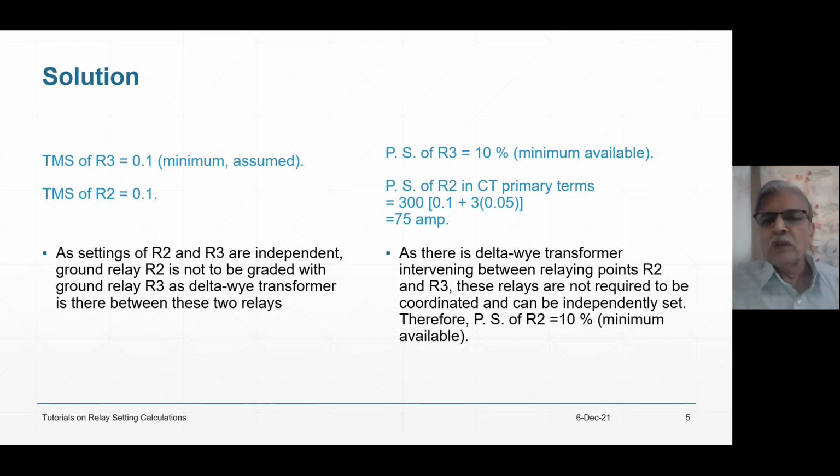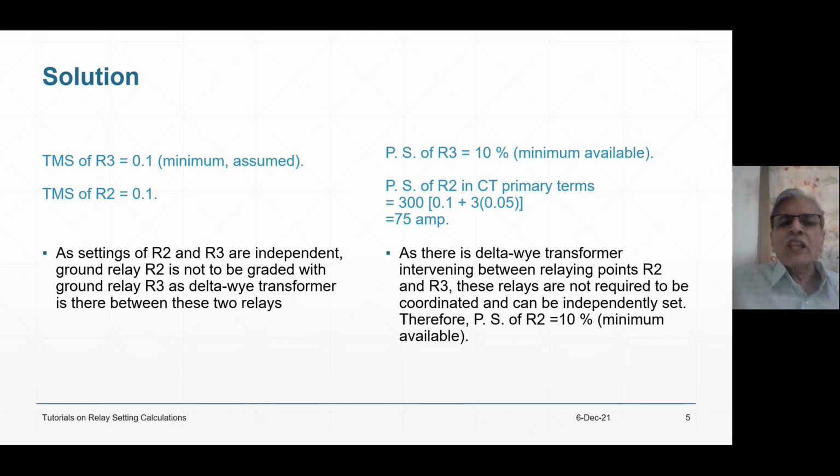However, PS of R2 in primary terms is 0.1, that is 10% of 1 ampere, plus 3 times 0.05, that is 3 excitation currents of 3 line CTs. So it will be 75 ampere in primary terms, but that is not to be graded. So PS of R2 is also 10%.